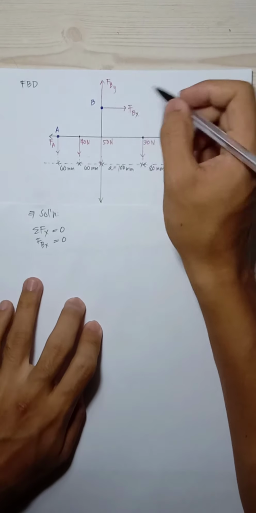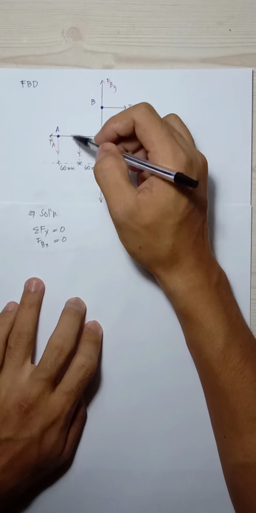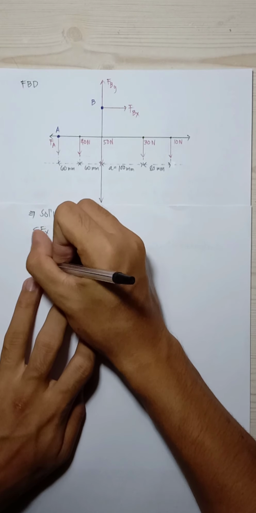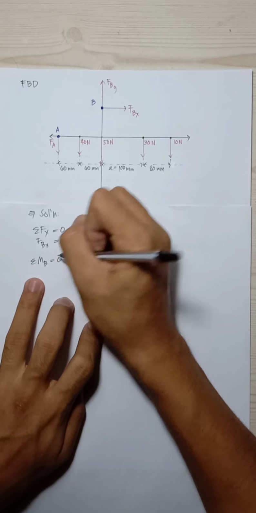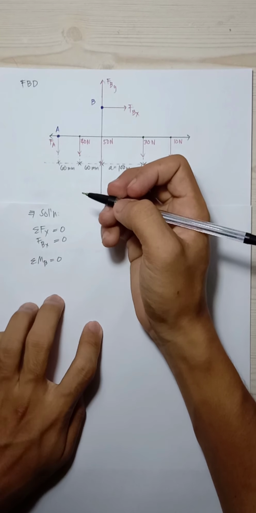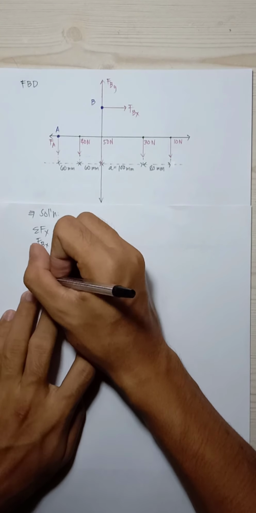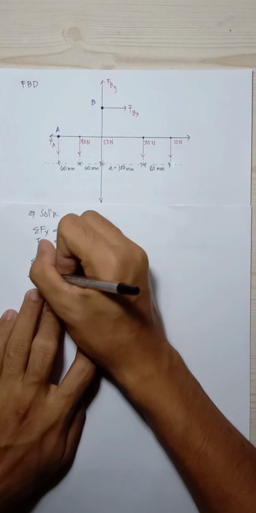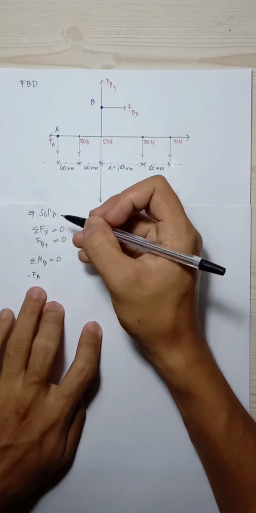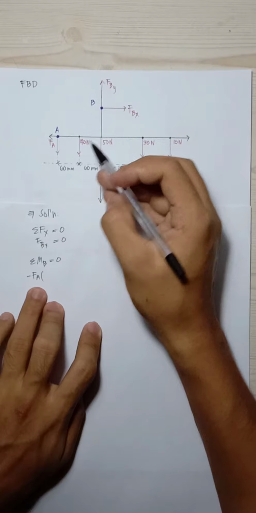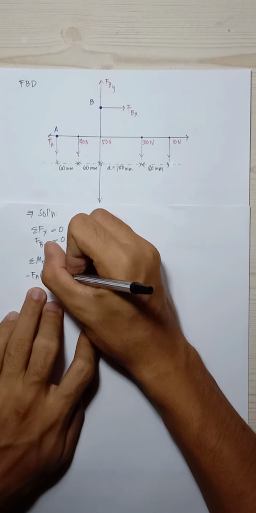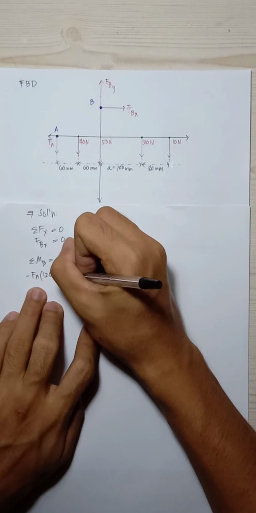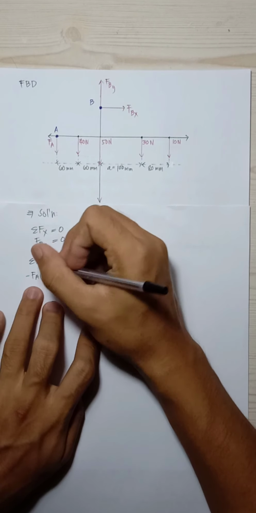In order to determine the force in point A, the summation of all moments about point B is equal to 0. So we have negative force of A times its distance from point B. This 60 plus 60 is equal to 120 millimeters.